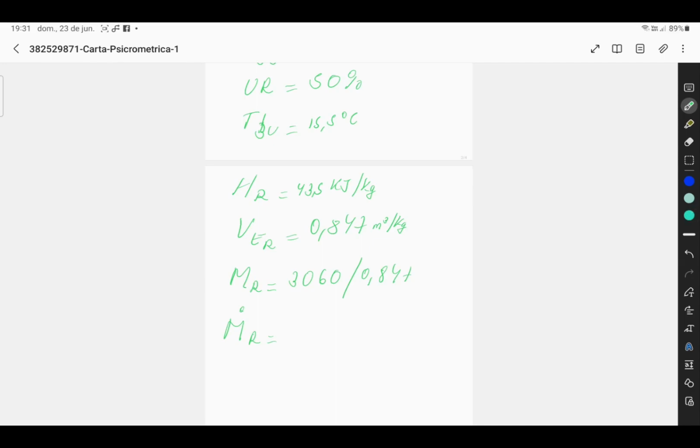So I now have 2 points, which are my internal air that is returning and my external air. They will be mixed, so I will make a line connecting these 2 points.